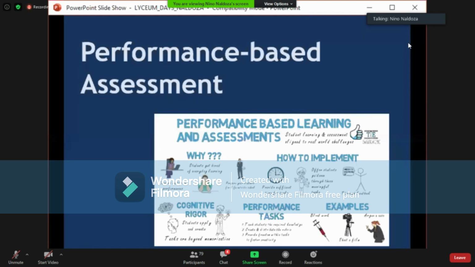Meaning to say, the main indicator of outcomes-based education is the quality of our graduates. Based on the standards or the skills set by the program or by the institution, how will the student be able to accomplish those skills in an authentic way of learning?